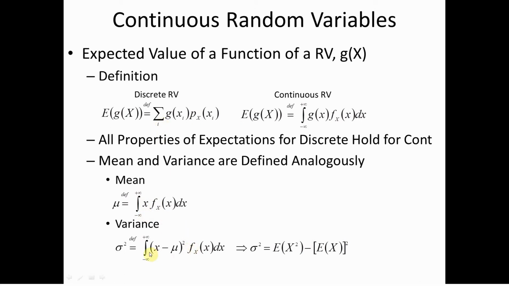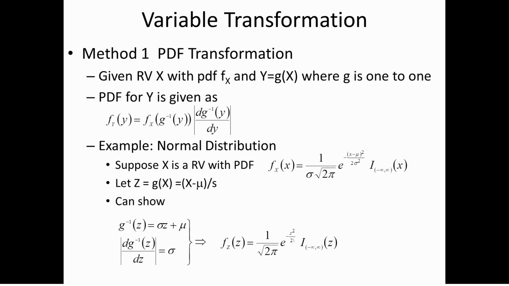And the variance again is the expected squared deviation of the random variable from the mean. And we can show in the same way that the variance, which is called sigma squared because it's the square of the standard deviation, is the expectation of X squared minus the square of the expectation of X. So all of these definitions go over the same way, just substituting an integral for a sum.